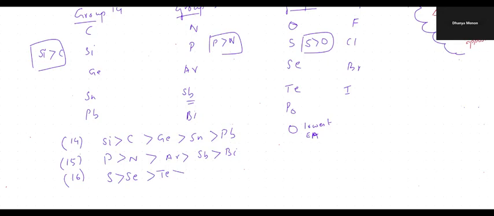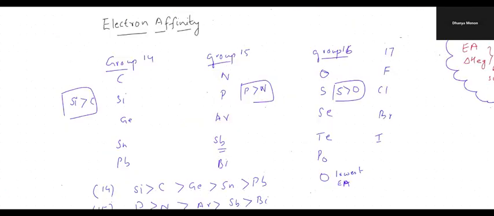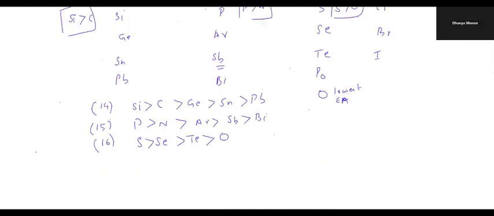Least is oxygen because of the smallest size and the chances of electron-electron repulsion. That's why I wrote group 17 also here, so that it's easy for comparison. So just remember, group 14, 15, and 16 follow the same trend, except for group 16, in which oxygen has the least.